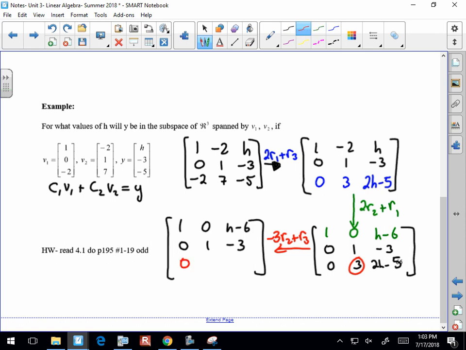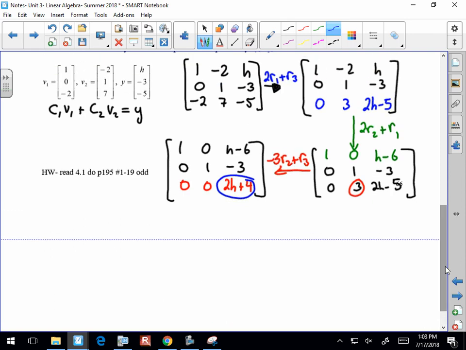Zero, 0, so now it's in an echelon form. 2H plus 4, thanks. All right, so in order for this to play out, I just don't want to have a pivot in the last column. So any non-zero entry in that last column would make a solution not exist. So 2H plus 4, set it equal to 0, I get H equals negative 2.